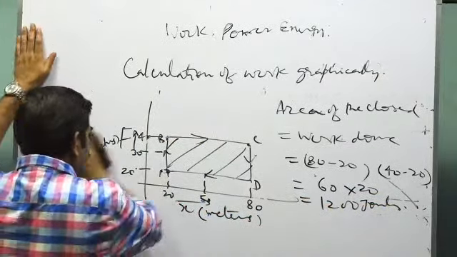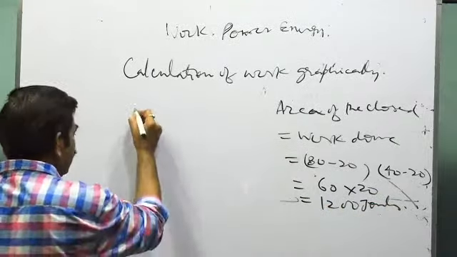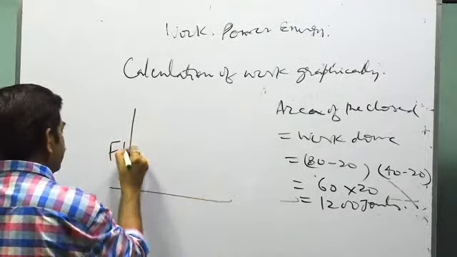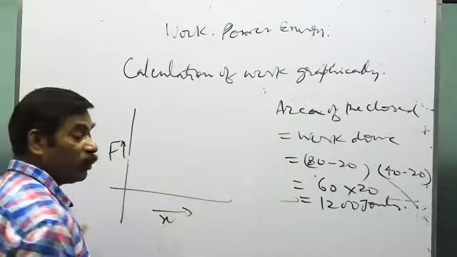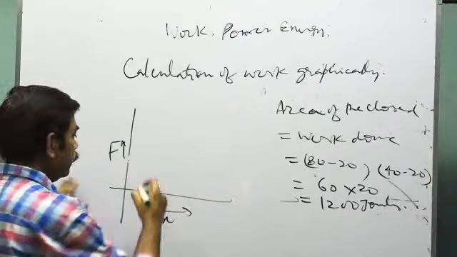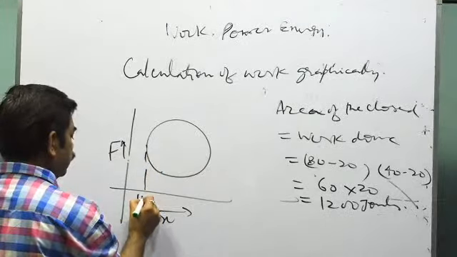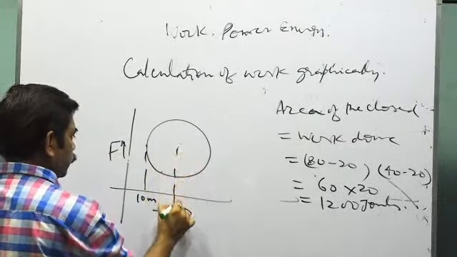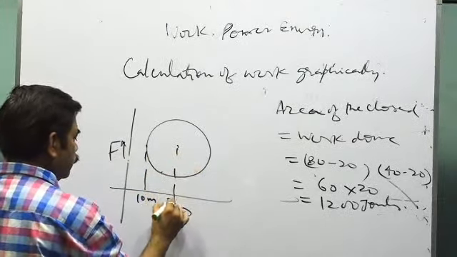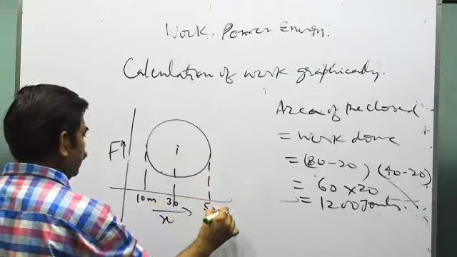The concept is what? Suppose you have a graph between the force and the displacement, and the graph is not a rectangle whose area you calculate very easily. The graph is a circle. Say this is 10 meter, corresponding to the center it is 30 meter, and corresponding to this point it is 50 meter.